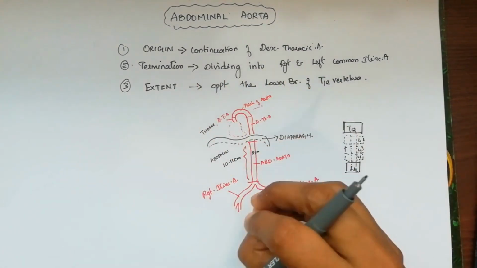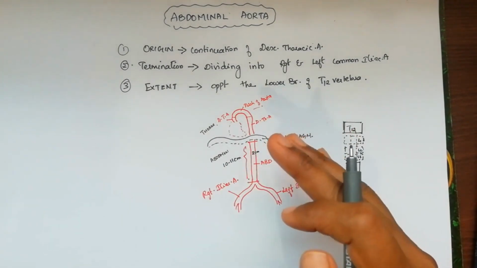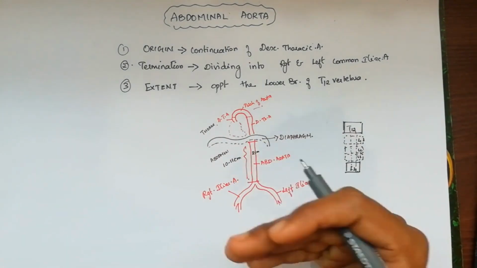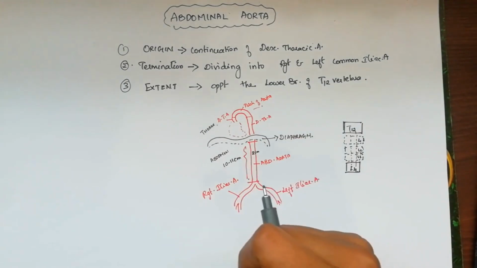So that's all about the general concept of the abdominal aorta. Now we will see the other structures related to it, in front, behind, and on the right and left side of this artery.